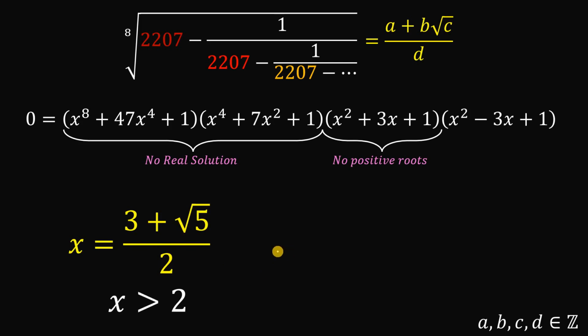It follows that A equals 3, B equals 1, C equals 5, and D equals 2. And this is our answer to this question.